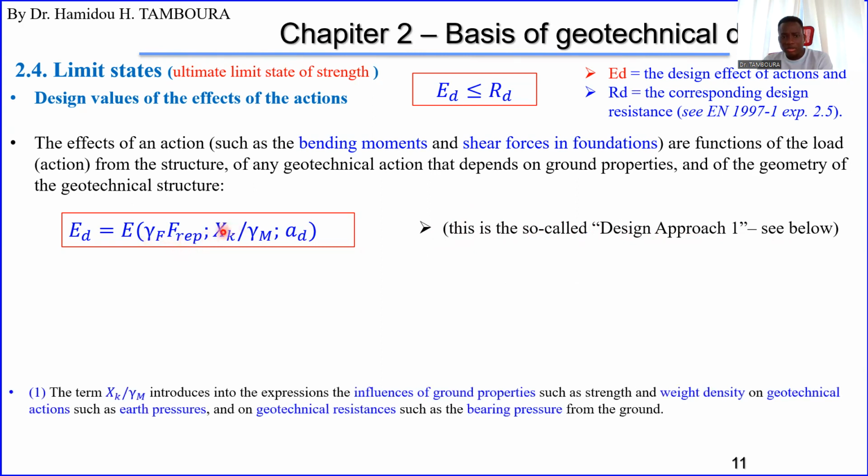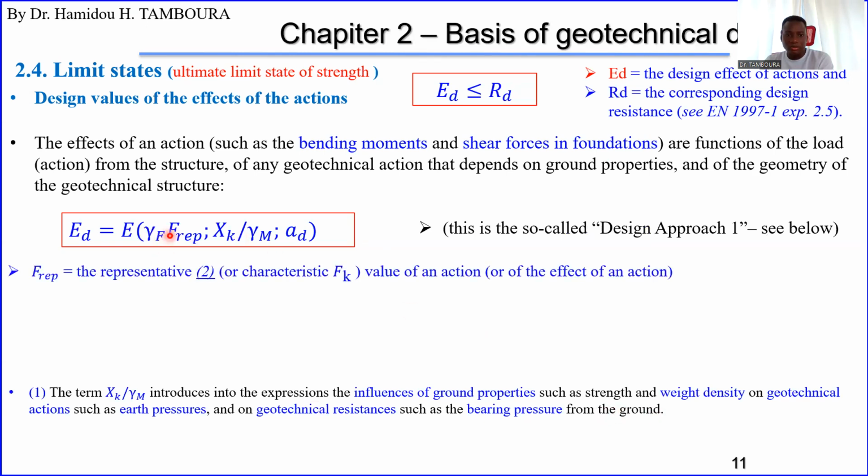And remember that this one, Xk divided by gamma M, this term is introduced in the expression. It's introducing the influence of the ground property, such as strength, weight, density; geotechnical action, let's say you have pressure; geotechnical resistance, bearing capacity, bearing pressure, for example.